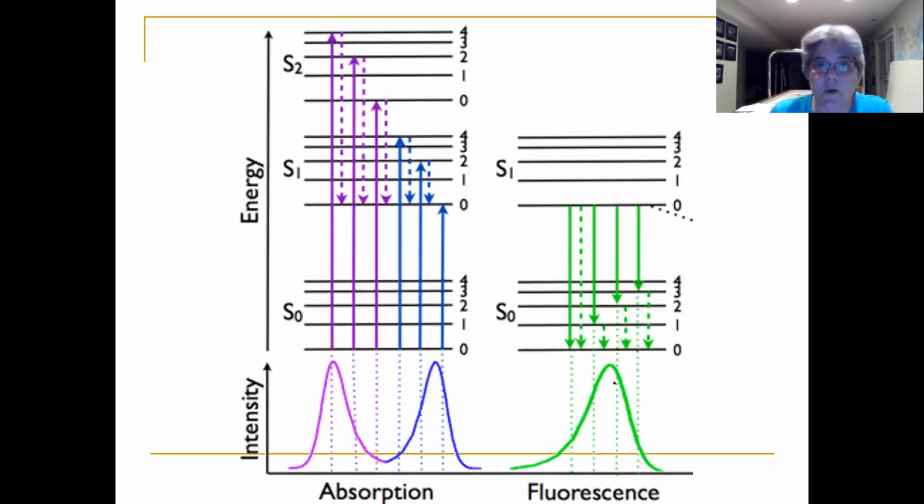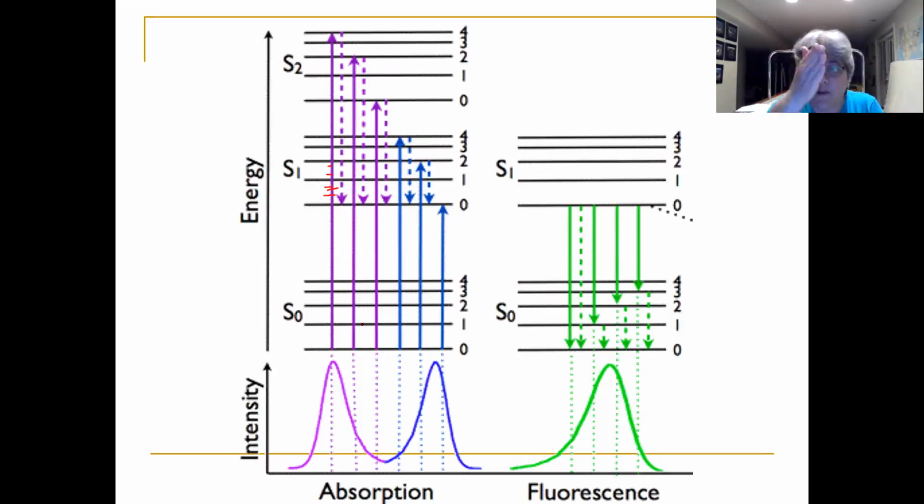Okay, so when we're doing an absorption experiment for molecular spectroscopy, absorption would look like the atom. We're going from the lowest energy up to a higher energy, but we don't just go to the E1, we also have vibrational levels. And then there's also rotational levels in here. So we get these bands that are very broad.